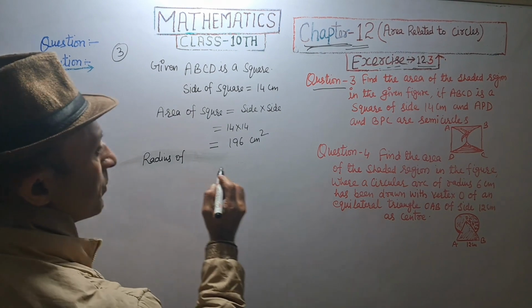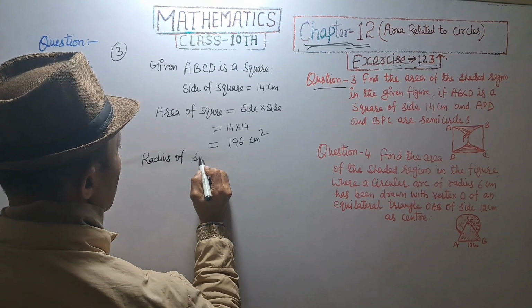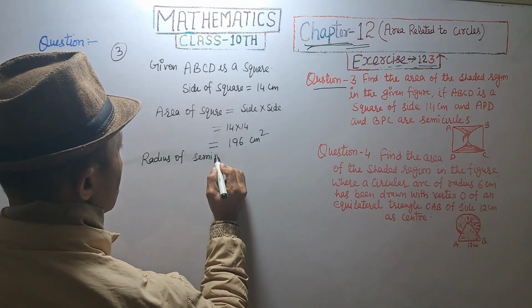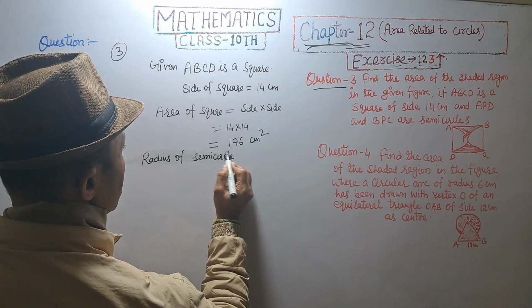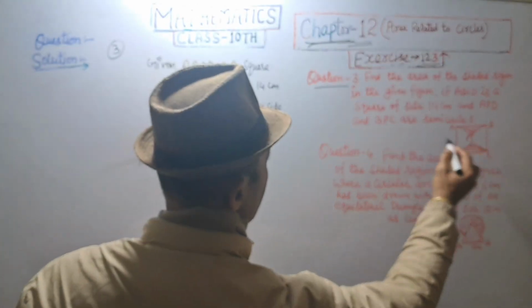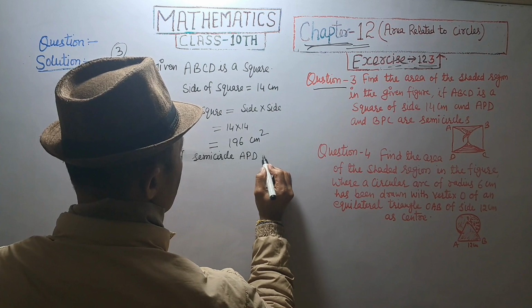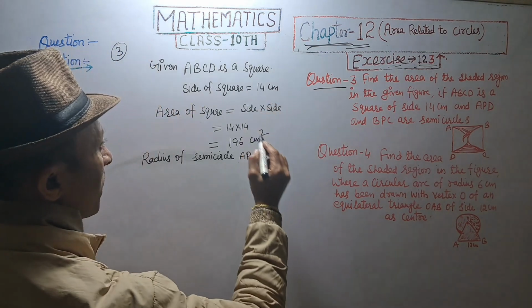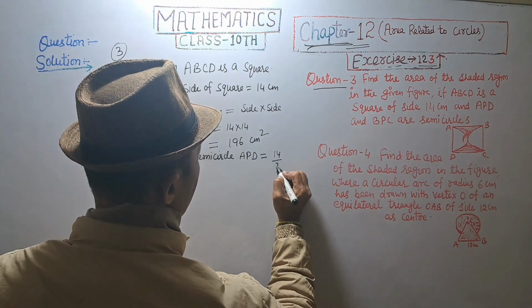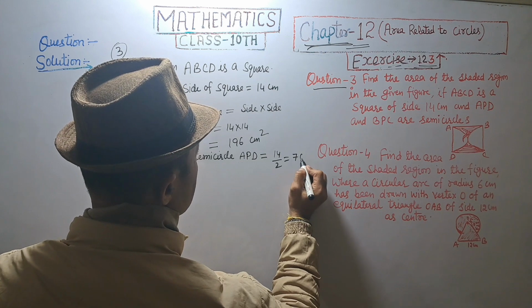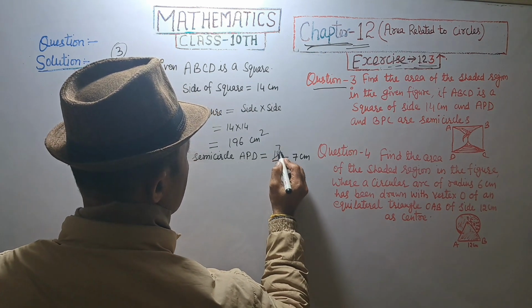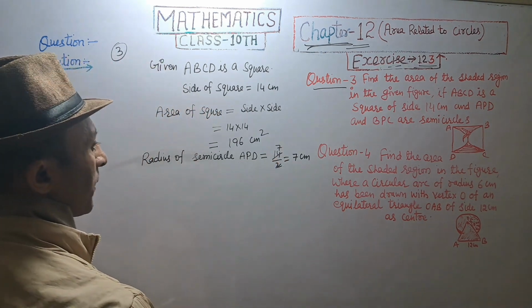Radius of semicircle APD is equal to 14 divided by 2, that is 7 centimeter.